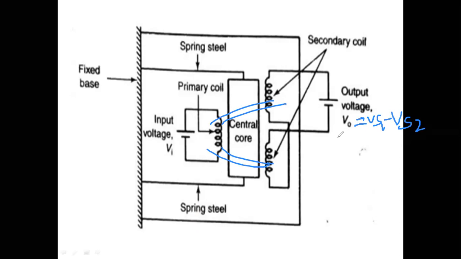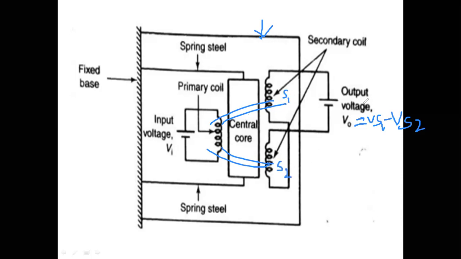Now, if due to applied acceleration the housing moves, meaning a jerk is created at the housing, the core will move. When the core moves, flux linkage is not proper. Either secondary winding 1 may receive high flux, or secondary 2 may receive high flux.